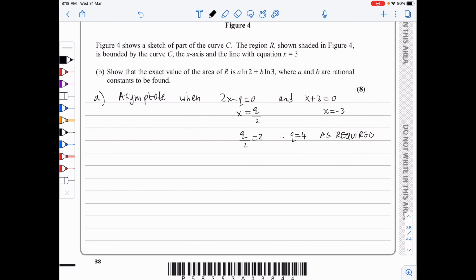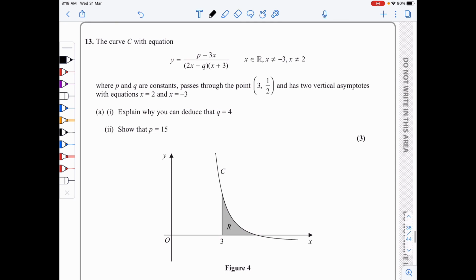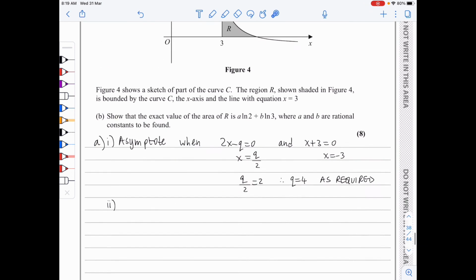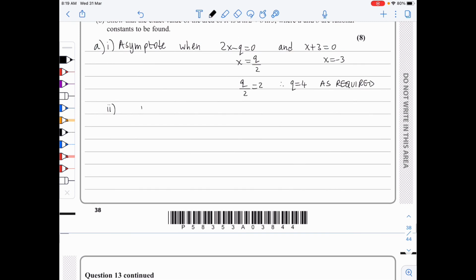Now to find the other unknown, if we go back, we were told that we pass through the point 3, 1/2 and we need to find p. So I'm just going to substitute y with a half and x with 3. So a half is equal to p minus 3 times 3 over 2 times 3 minus 4 and 3 plus 3.